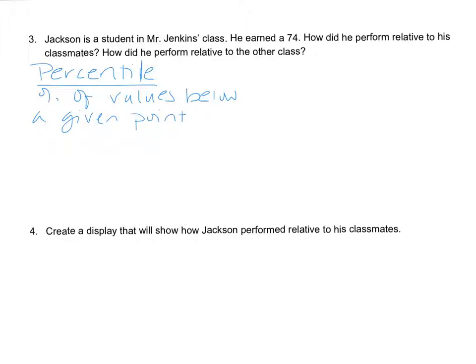So in the case of Jackson's score, his percentile would be not 74. We need to figure out where 74 falls in terms of the rest of his peers. So at 74, there are 4 values ahead of him, so 4 out of 25.